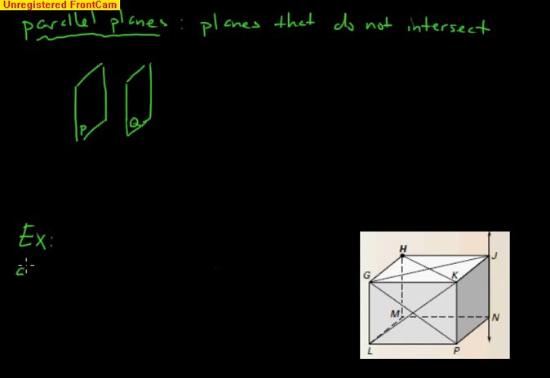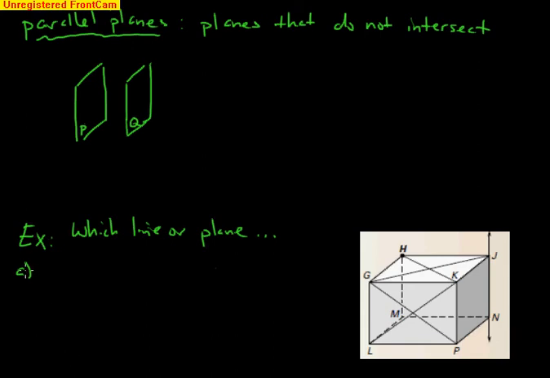Let's look at part A. Part A says, what line is parallel to JN? So look for a line or a plane, and we're going to answer the question.